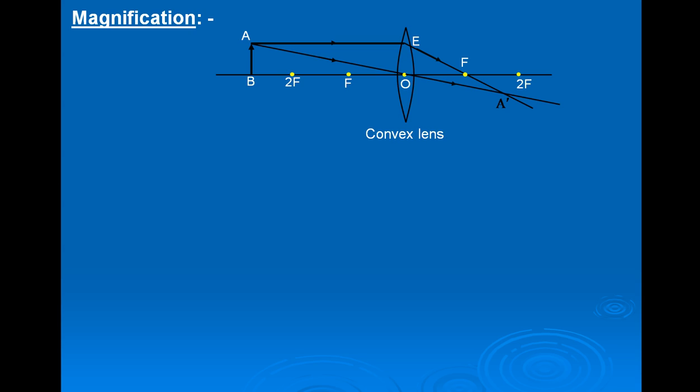So A dash is the real image of point A. From A dash, draw A dash B dash perpendicular on the principal axis. So A dash B dash is the real image of object AB.